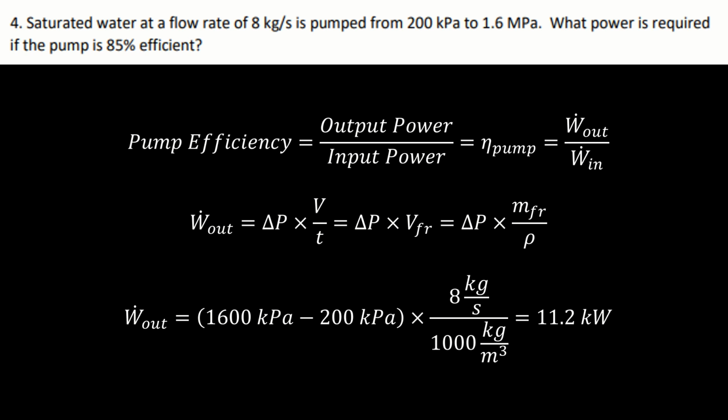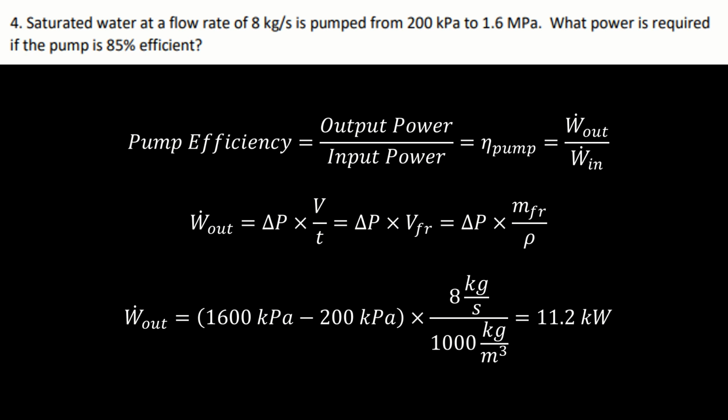Now, using one of our definitions of work, the output power is going to equal the change in pressure times volume over time, which is the same as change in pressure times the volume flow rate, which then becomes the change in pressure times the mass flow rate divided by density, or the mass flow rate times specific volume.